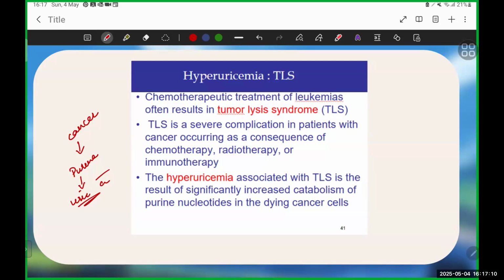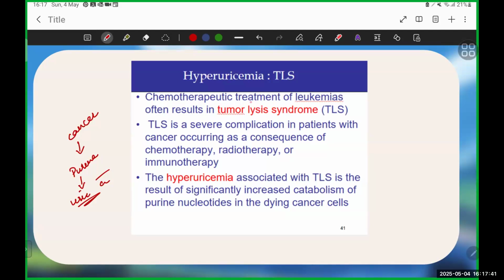You can give the person allopurinol. Why? Because allopurinol inhibits xanthine oxidase. If you inhibit xanthine oxidase, you have the two soluble forms. In this case, you could also use probenecid, because probenecid increases your excretion. So the more uric acid excreted, the better you are, basically.